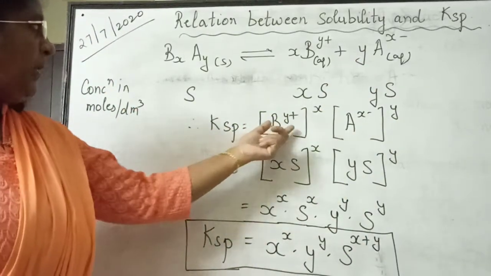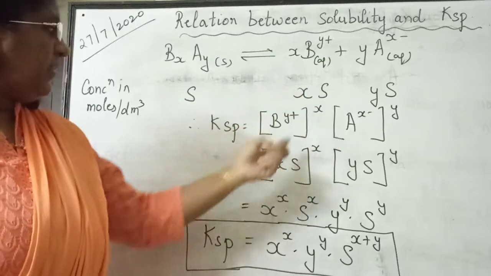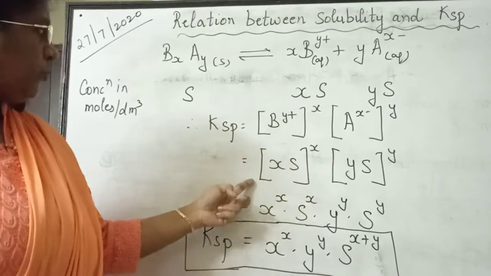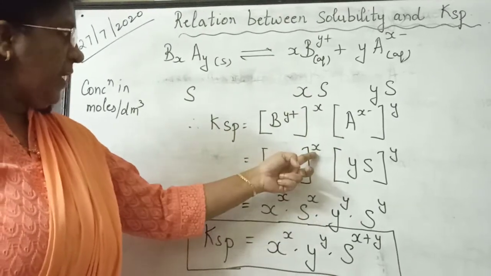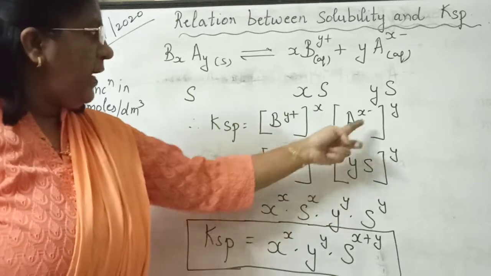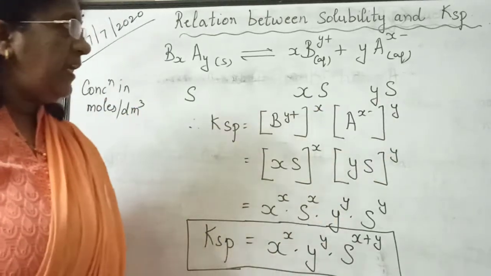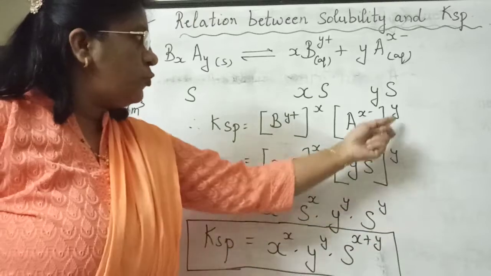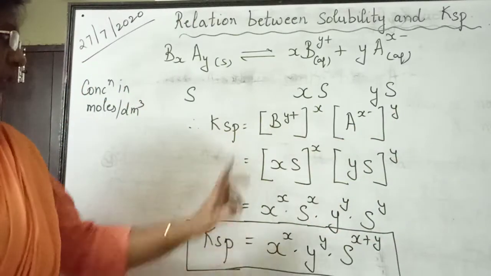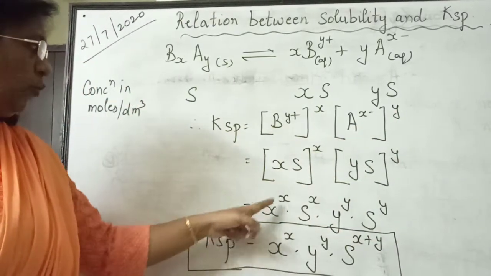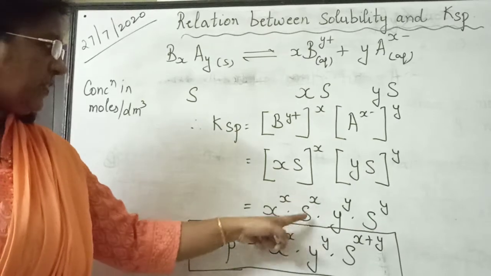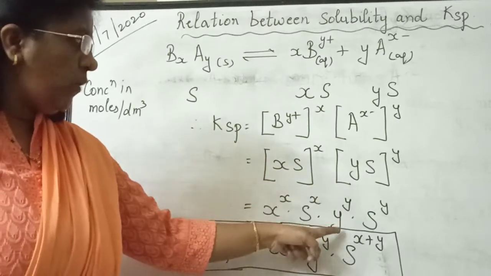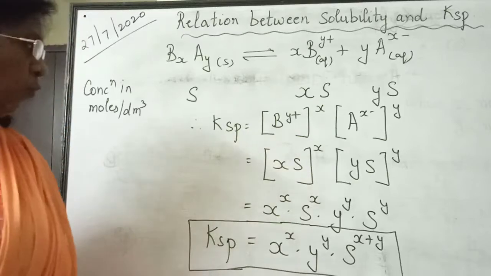Now B^y+ concentration is indicated as xS, so that is equal to (xS) raised to x into A^x- concentration, which is yS, so (yS) raised to y. Solve this, you get x^x into S^x into y^y into S^y.